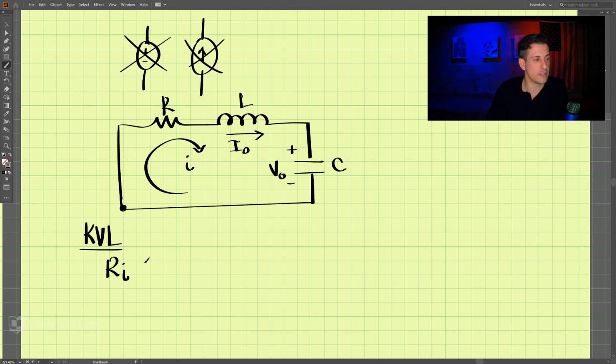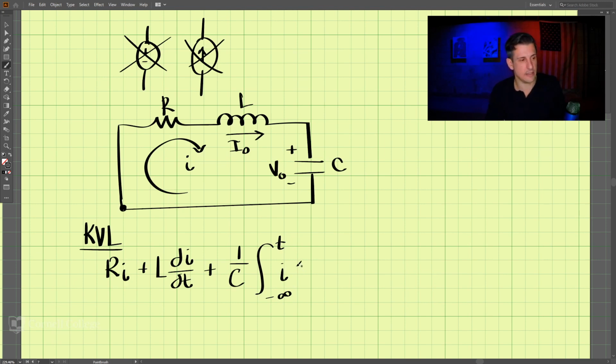Remember, the voltage across the inductor is equal to L di/dt. And lastly, the voltage across the capacitor here is plus 1 over C, and then we integrate from negative infinity to t, I of t dt.